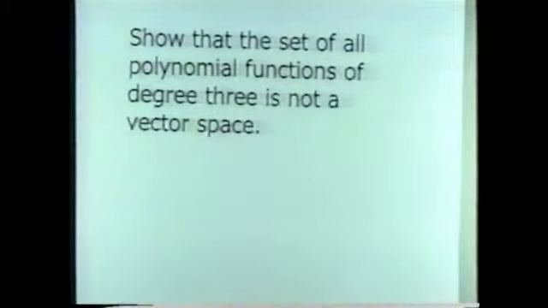Show that the set of all polynomial functions of degree 3 is not a vector space.